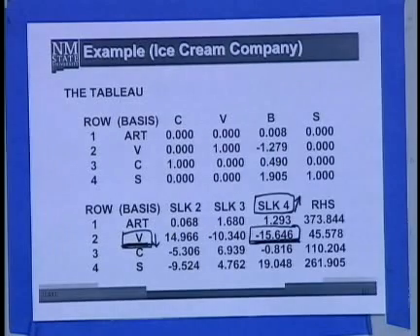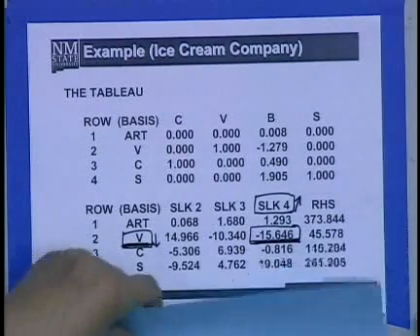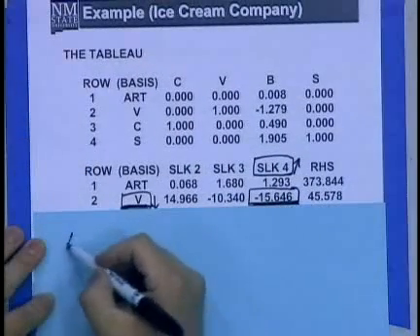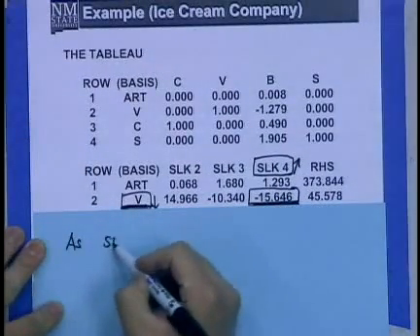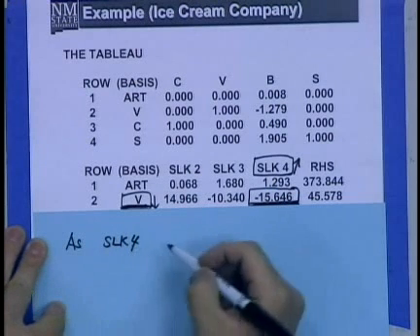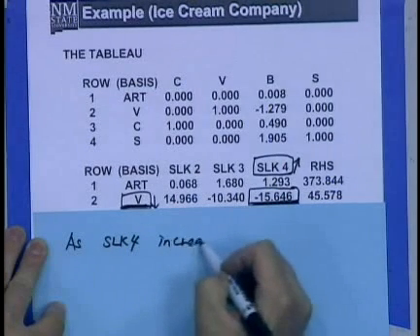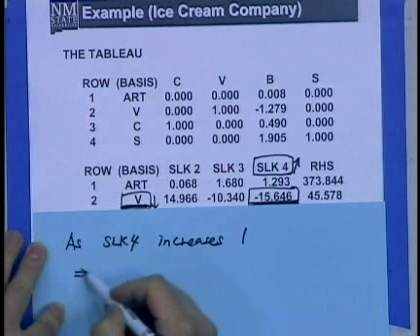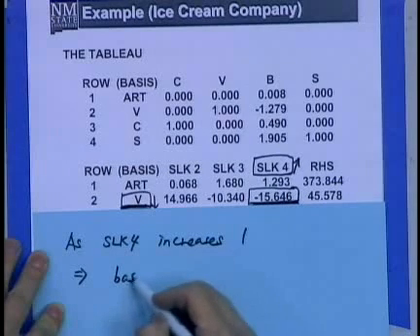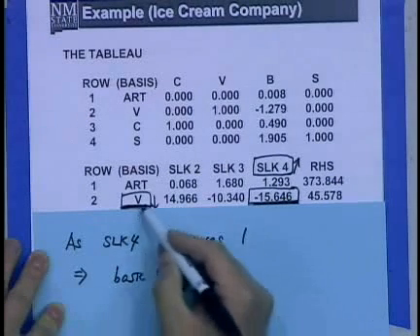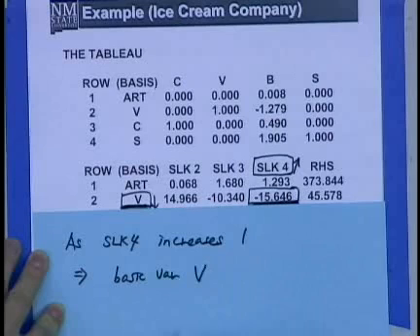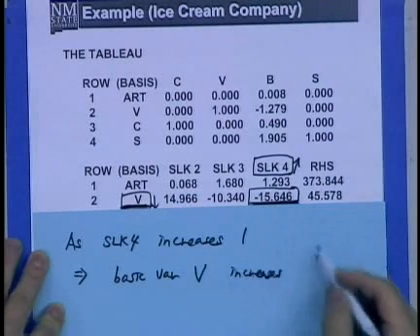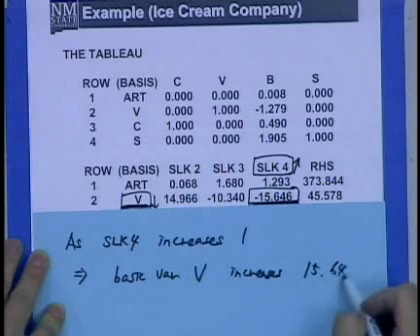Which means as slack variable number 4 increases 1 unit, the basic variable, which is v, increases 15.646.